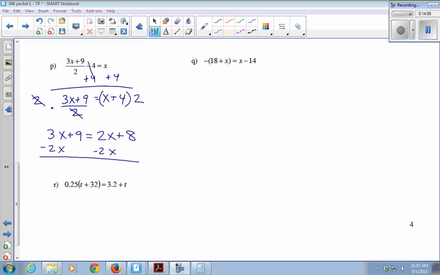On the right, those 2x's cancel, right? And on the left, I end up with x plus 9. x plus 9 equals 8. Then finally, get the x by itself. You need to undo the adding 9. To undo adding 9, you subtract 9. So we end up with x equals negative 1.